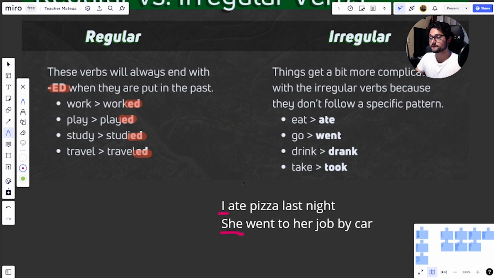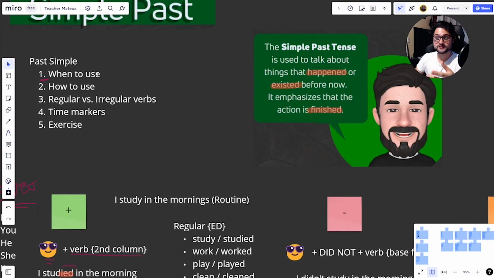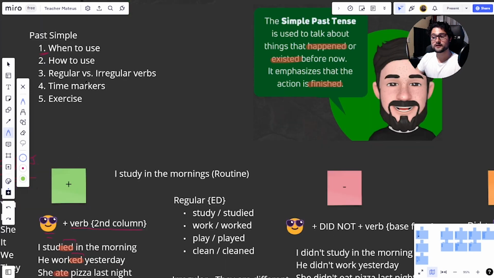Let's get going then. So far, guys, we discussed when to use the simple past, that it is to talk about finished actions. We started learning about how to use it in affirmative, yes, in positive. And we have seen a little bit about regular and irregular verbs.